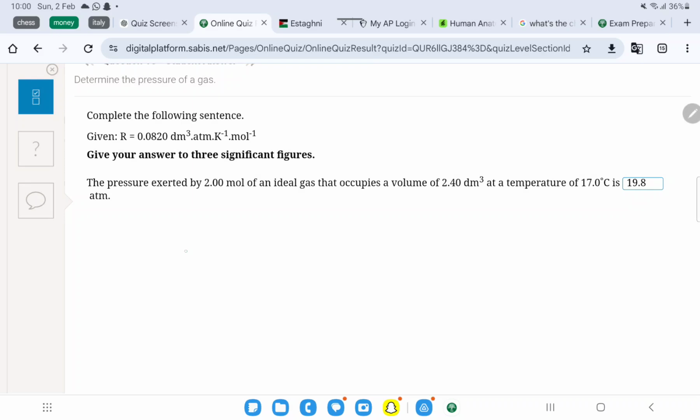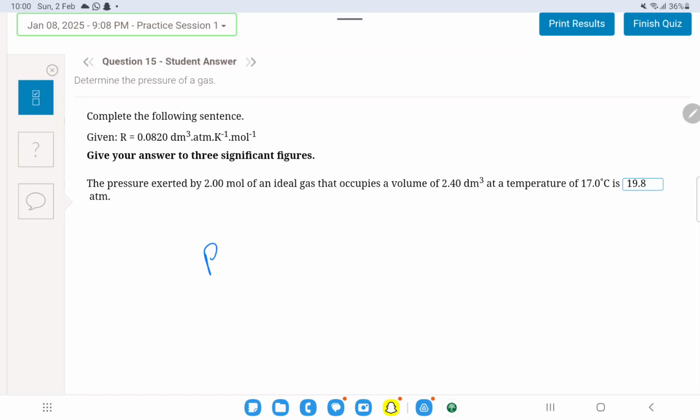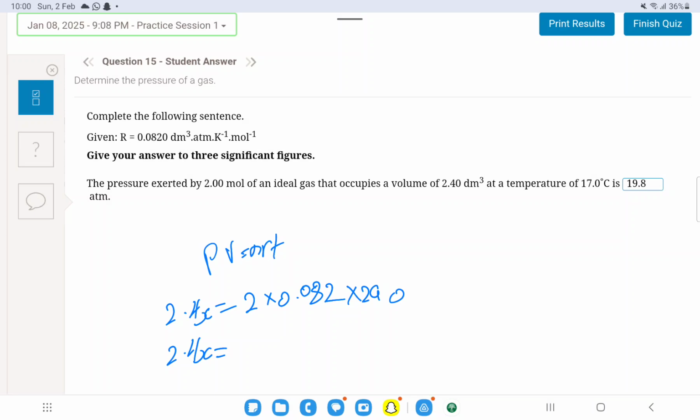Here they want the pressure, PV equals nRT. They want the pressure: 2 moles times 0.082 times temperature, here it's 17 plus 273 because they want it in Kelvin, 290, equals volume 2.4 times x for pressure, so 2.4x equals 2 times answer times 0.082.